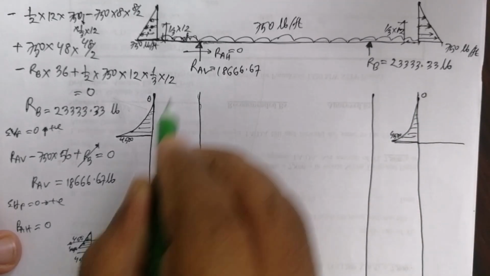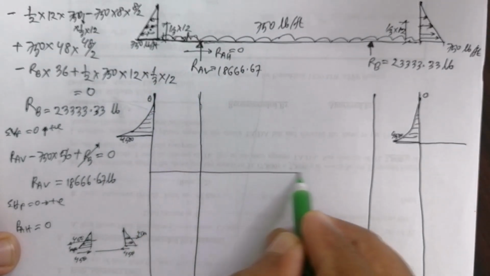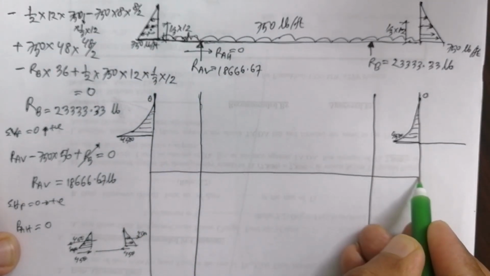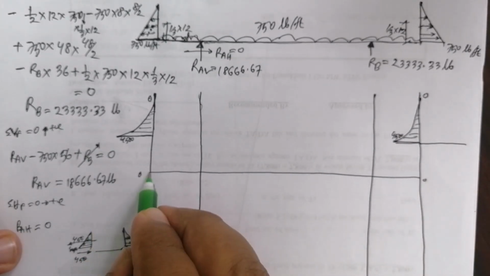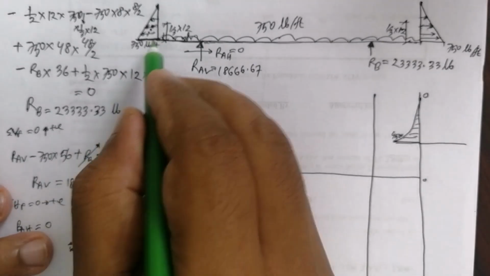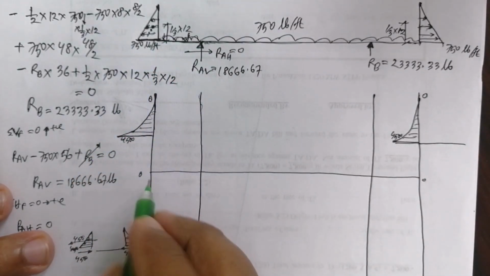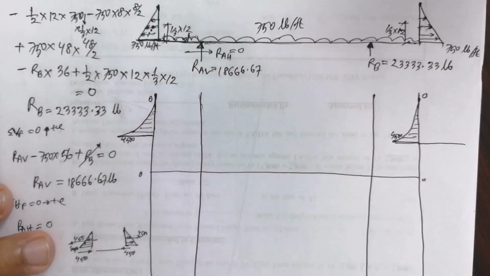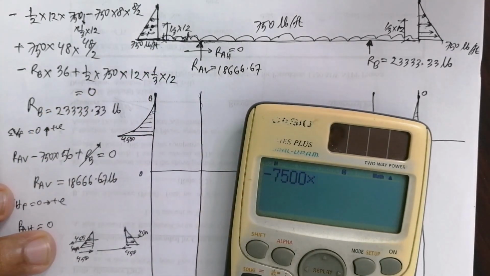So now this section like this, here is 0, also here is 0, reference line. So this point, this is downward, this is negative, minus 750 into distance is 8.